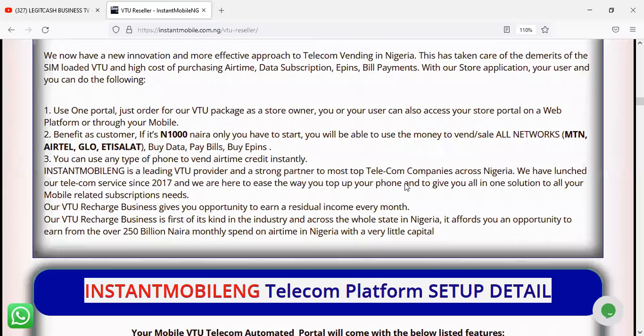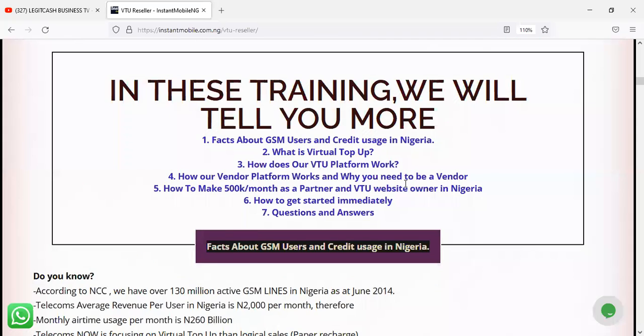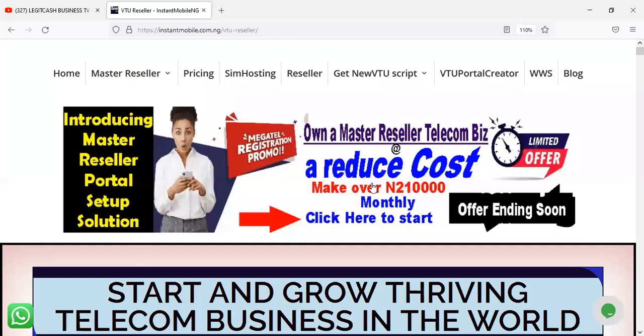We have so many things in stock in the business, but the only way you get started is to pick a package. We have so many packages on the platform, and the good thing is that each of these packages gives you an equal right to participate.